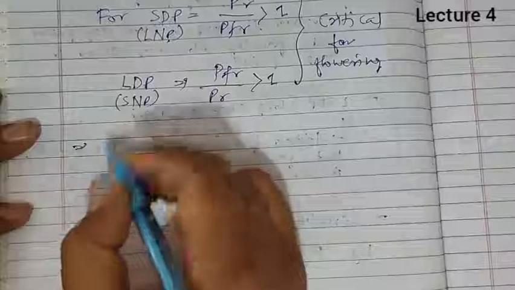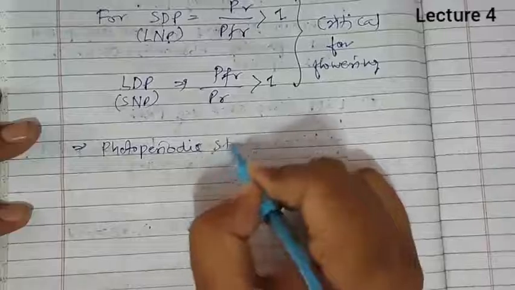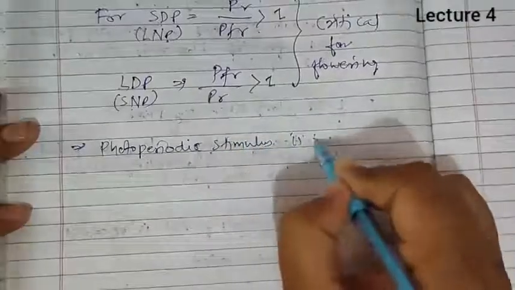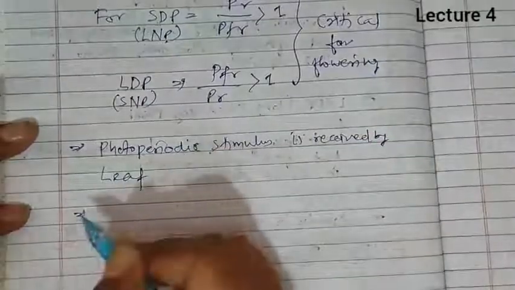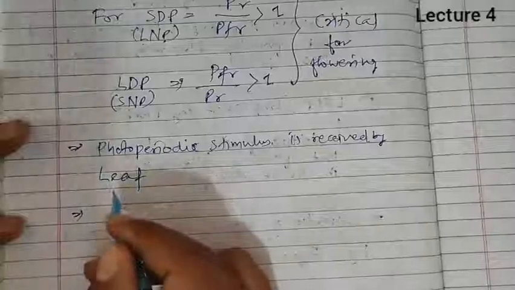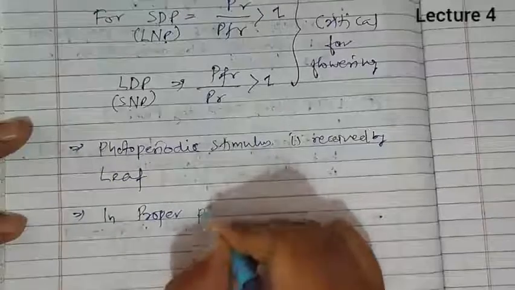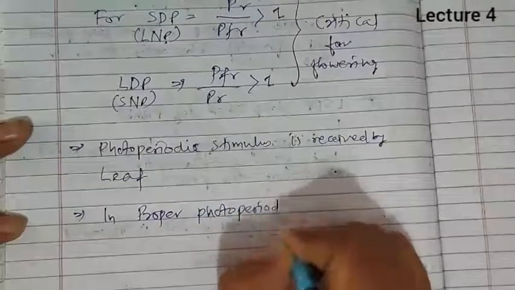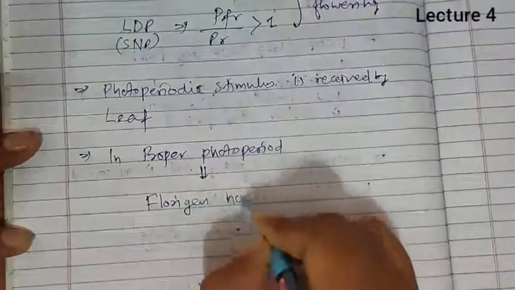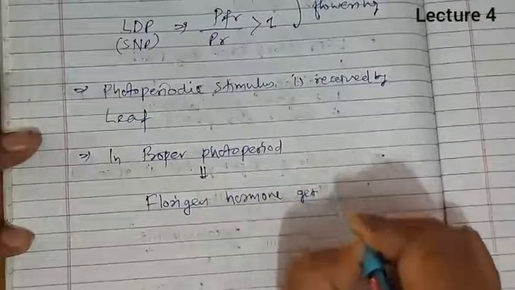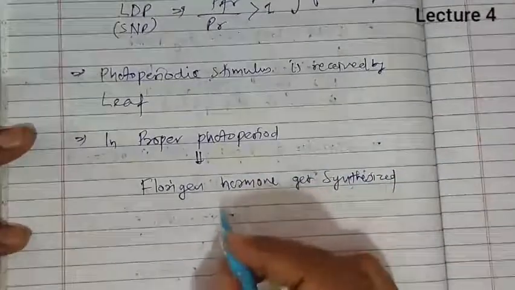Now, photoperiodic stimulus is received by leaf, and when proper photoperiod is received, a florigen hormone is synthesized. In proper photoperiod, florigen hormone gets synthesized in leaf.